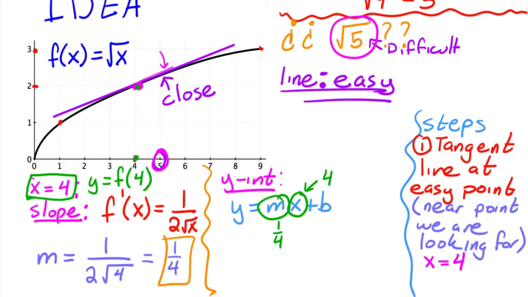If I plug in 4 into the function, I get 2. So y equals 2. If I plug all that in and solve for b, I get that b is equal to 1. Well, that was easy, right?